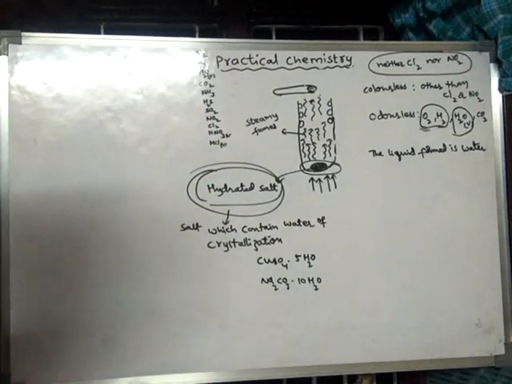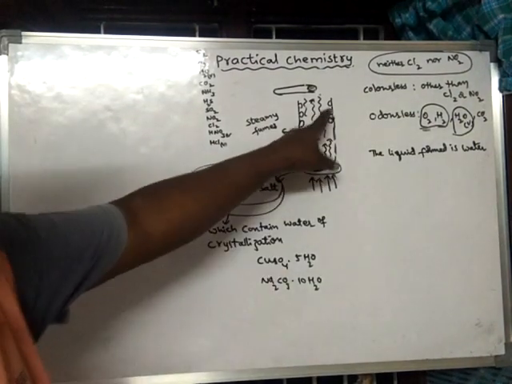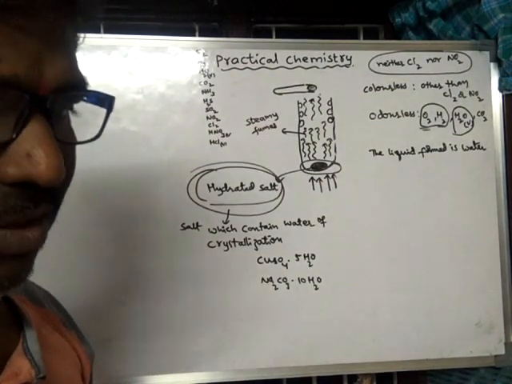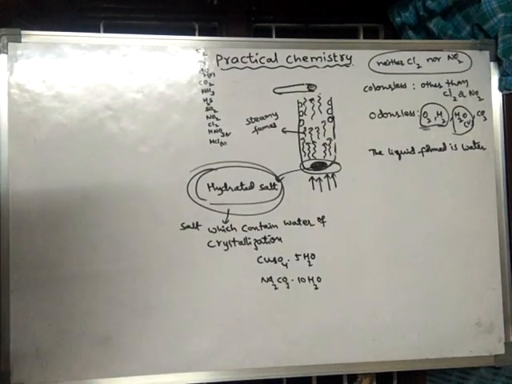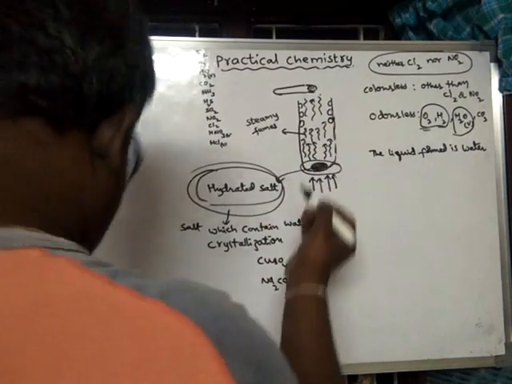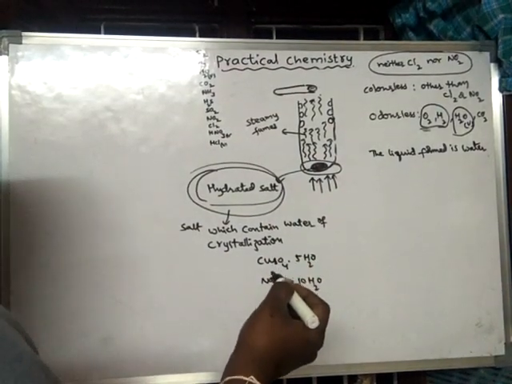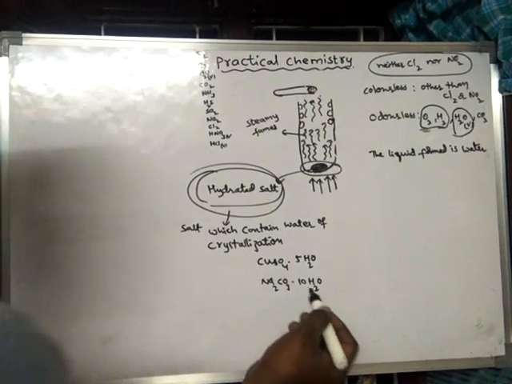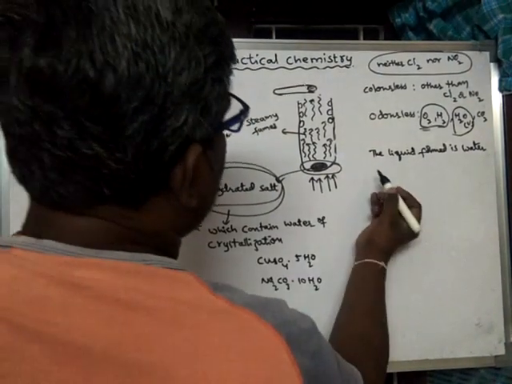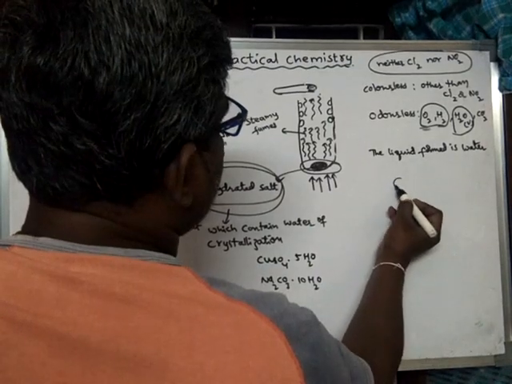In order to know perfectly whether the liquid formed is water or not, we can go for further tests. What are the further tests? We'll use anhydrous copper sulfate. Suppose this is the drop.